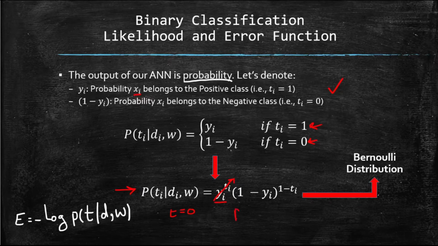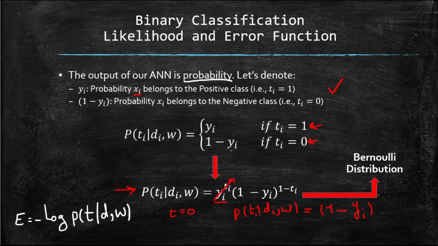So the probability of t sub i given d sub i and w will equal only 1 minus the prediction of your network to the power of 1 minus 0, which is 1. So you don't even need to write it. So that is the likelihood right there.